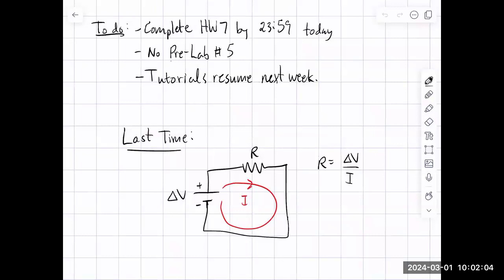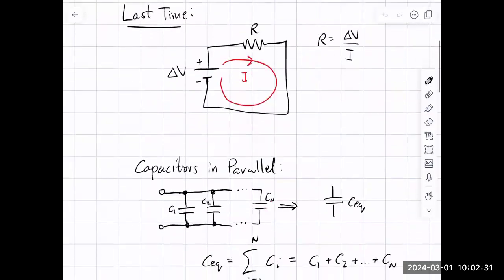In either case, that voltage difference establishes an electric field, which starts the flow of charge or current. So the relationship between resistance, voltage, and current was that the resistance of, let's say, some wire or some conductor is given by the ratio of the voltage difference across the conductor divided by the resulting current.